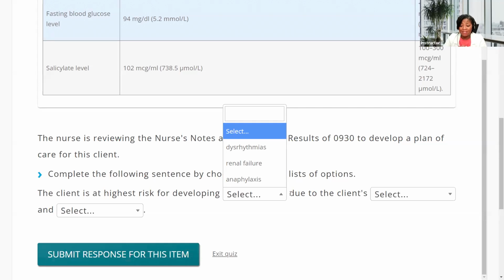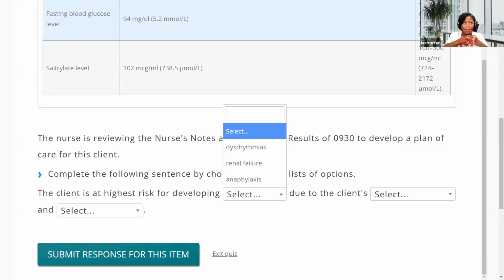Developing what on that list right there? No, not renal. Her creatinine and BUN were perfect. They were good. Dysrhythmias. Yes. Potassium has everything to do with the pump of the heart.